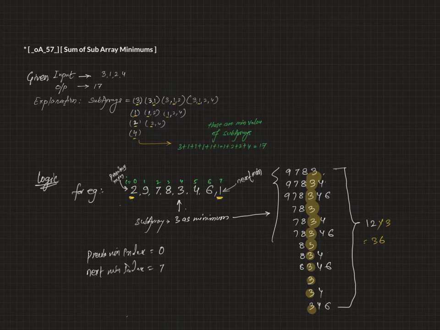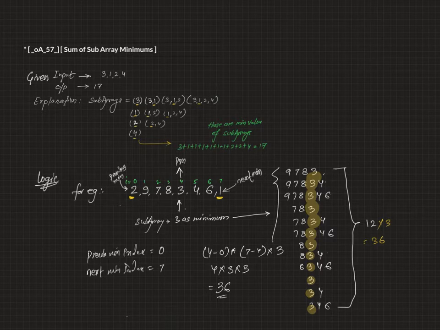Where is 3? It is at index 4. So we say 4 minus 0, multiplied by 7 minus 4, multiplied by the minimum value for which we are calculating, that is 3. So this becomes 4, this becomes 3, this is 3, and the total is 36.